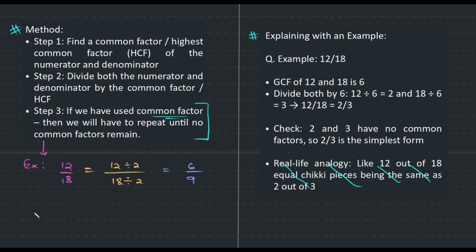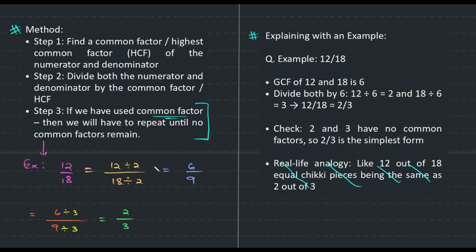Further, 6 by 9, I can divide both by 3, because 6 and 9 can be divided by 3. So 6 divided by 3 is 2 and 9 divided by 3 is 3. And we end up with the same answer.